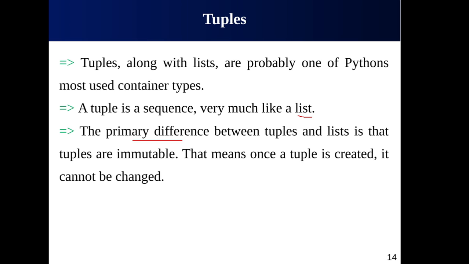Another reason for the tuple is safety. Because you are not allowed to change the contents of a tuple, you can store data in one and rest assured that it will not be modified accidentally or otherwise by any code in your program. And also there are certain operations in Python that require the use of tuples.